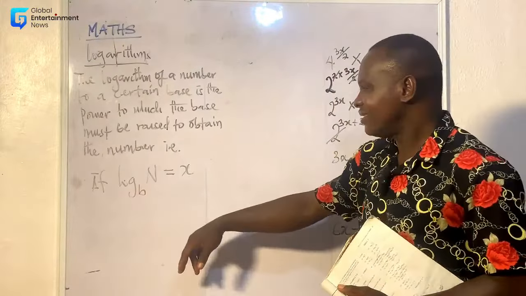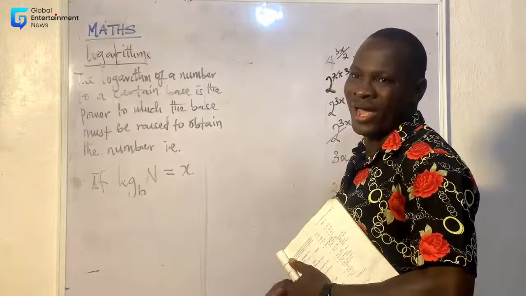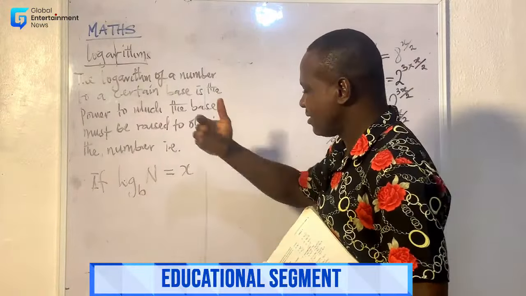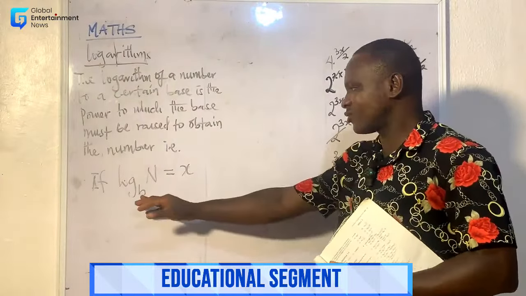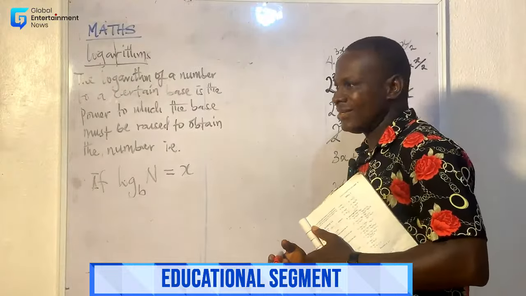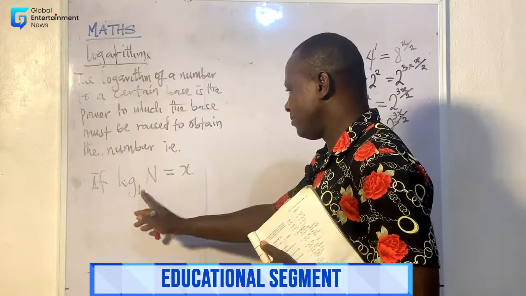Do you understand? Log n base b equal to x, not log b base n. This is the subscript, just as if we are talking about subscripts in science. So we have log n base b.